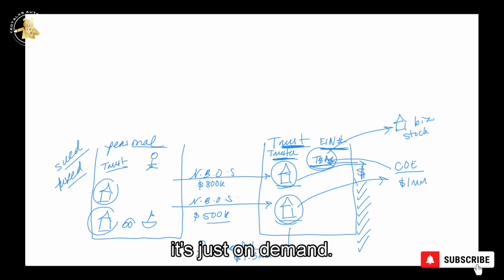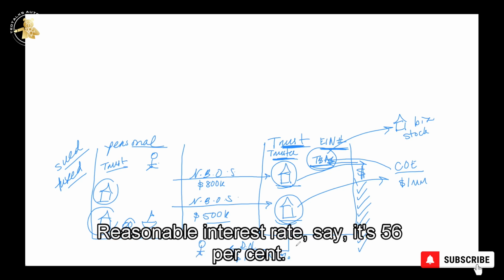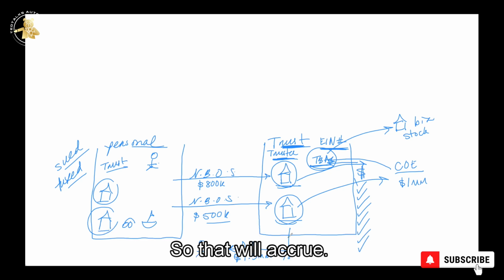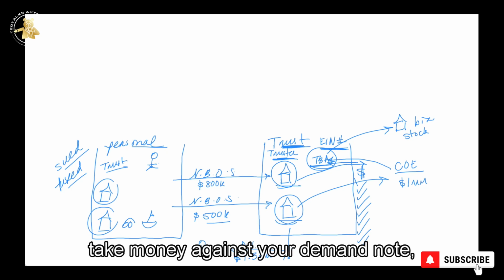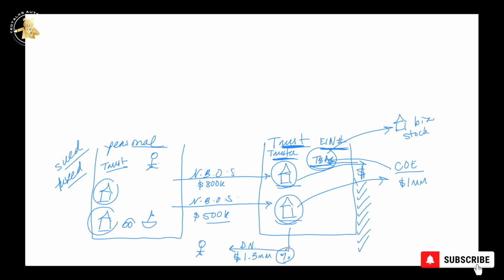It's just on demand. It does have a reasonable interest rate associated to it, say 5-6%. So that will accrue. So when you do take money against your demand note, there'll be small interest that you do declare on your tax return.